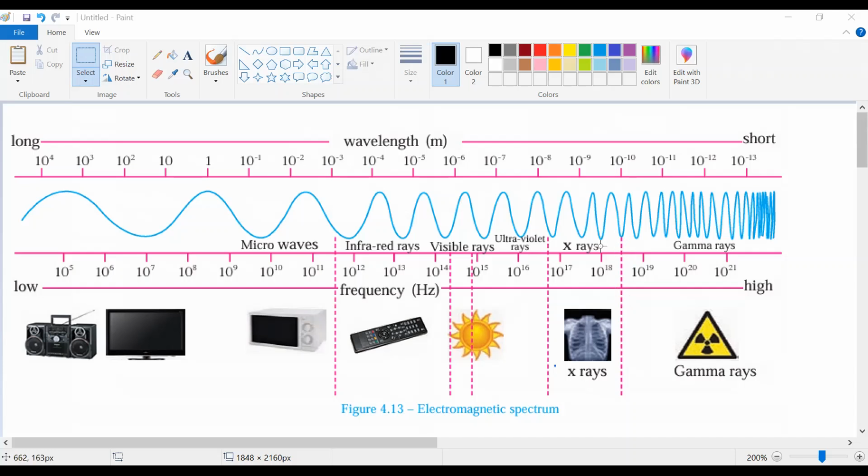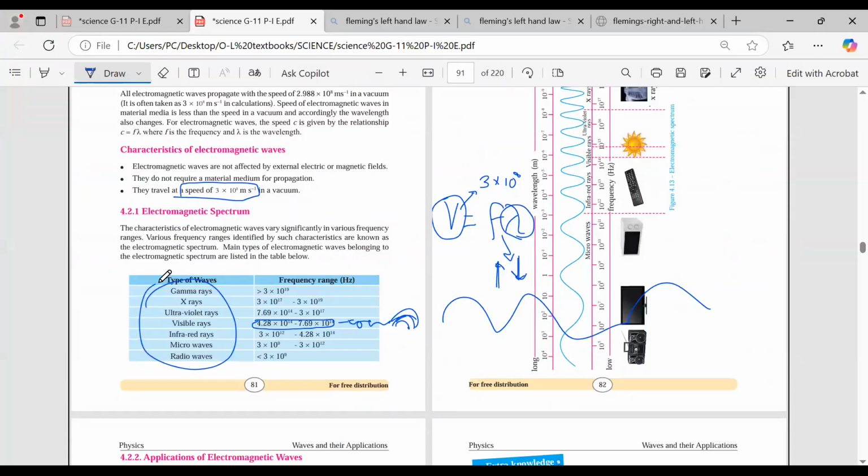Right. So, what I wanted to make y'all understand here is, now you can see that there are different types of electromagnetic waves. Don't make it complicated, son. This is a very simple concept, right?